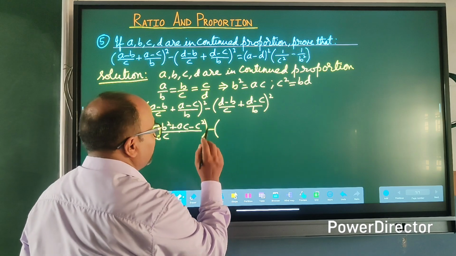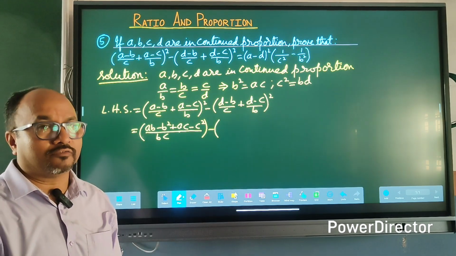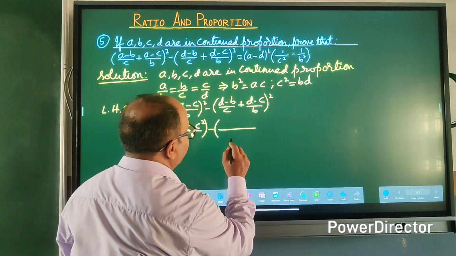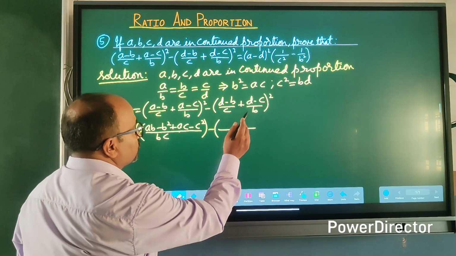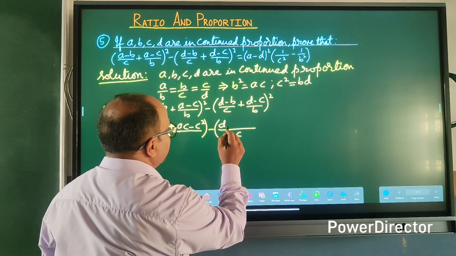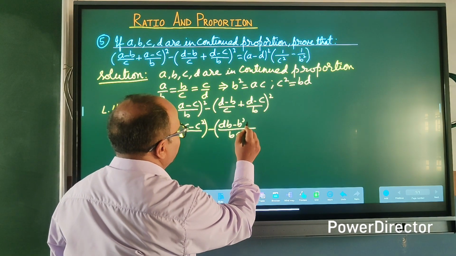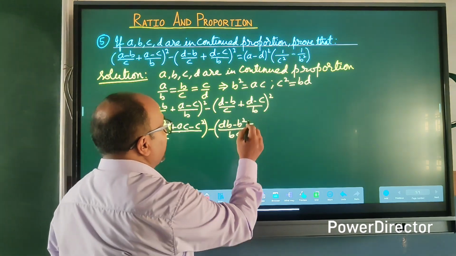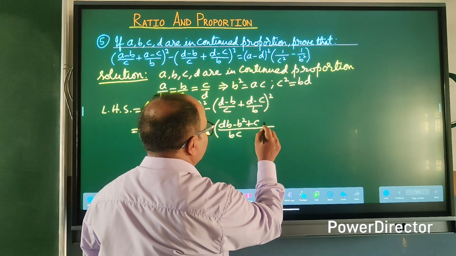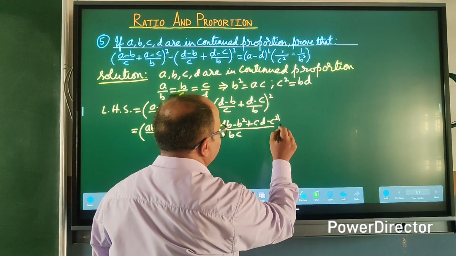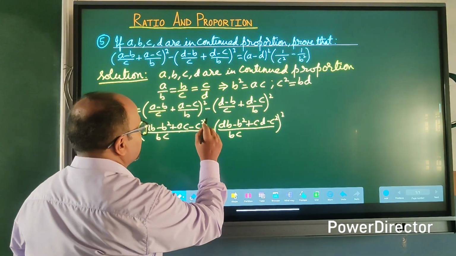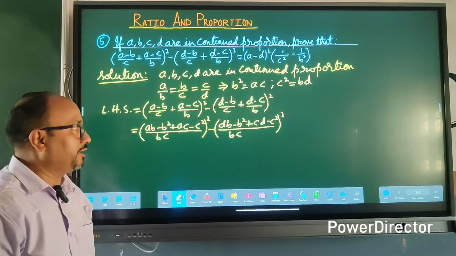Same process we will follow in the second part of it. So here LCM will come as BC. So B multiplied with this is BB minus B square, and then C multiplied with this will give you CD minus C square, and then this whole square is to be written.